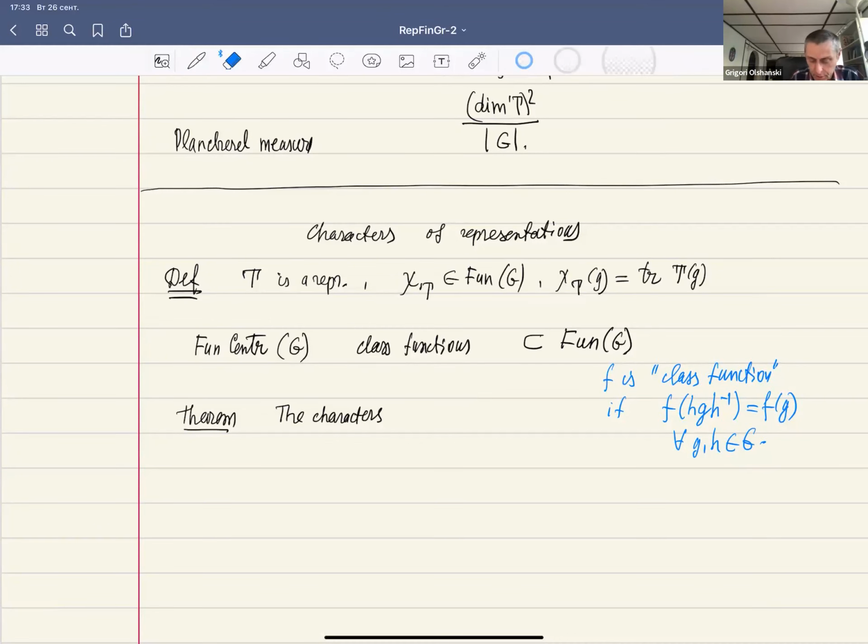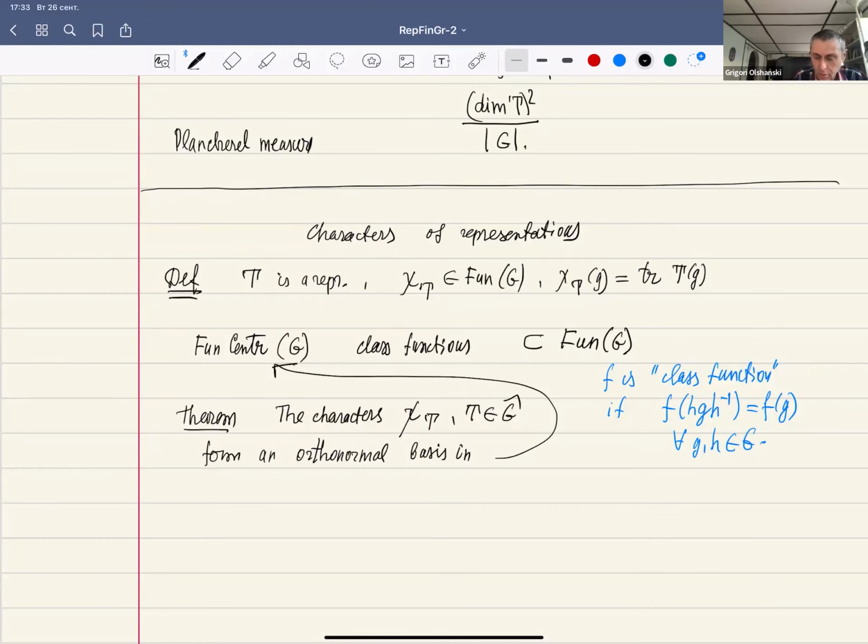So we have a theorem. The characters of irreducible representations form an orthonormal basis in this space, the space of central functions.